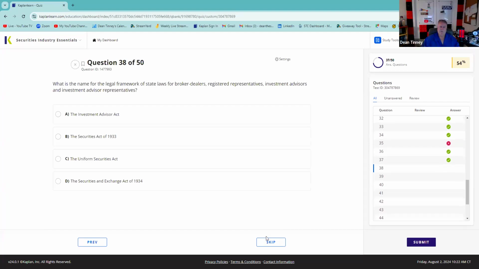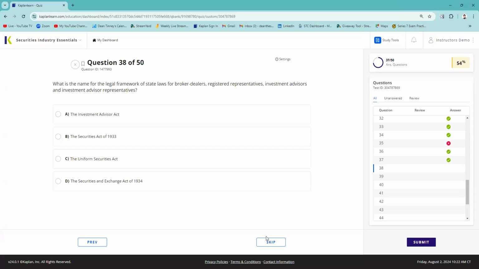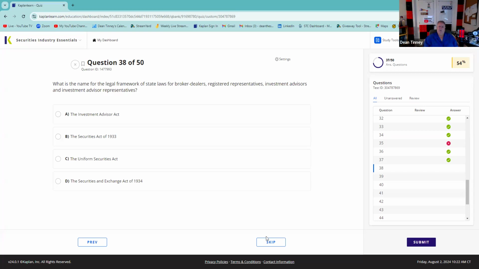What is the name for the legal framework of state laws for broker dealers, registered reps, investment advisors, and investment advisor representatives? Who is the ultimate regulatory authority for broker dealers, registered reps, investment advisor reps?